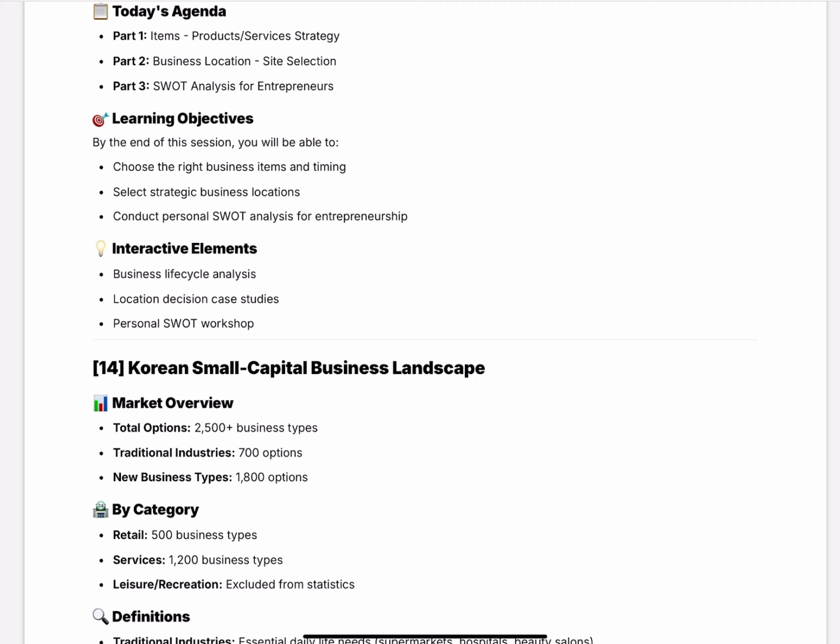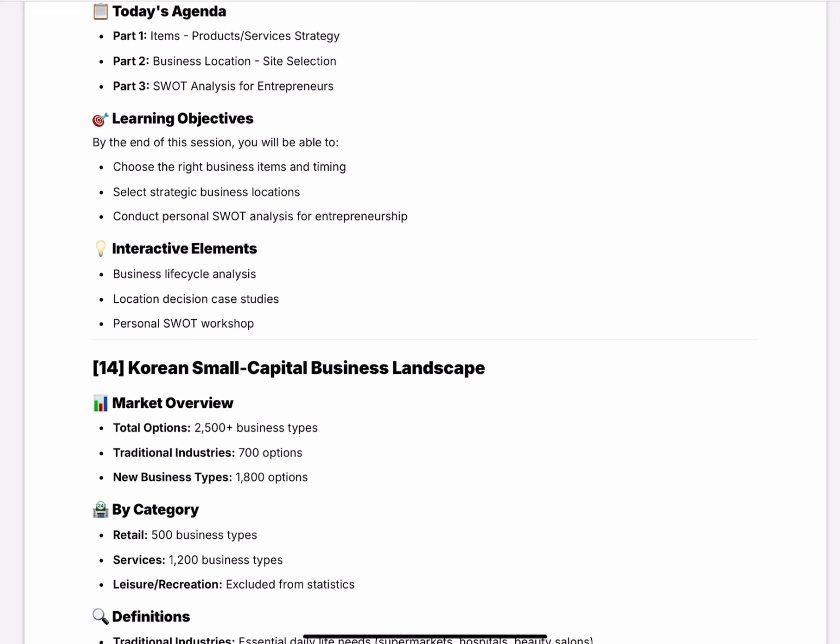SWOT analysis is quite a well-known strategic analysis, so we are going to look at it. In this second session, we are going to complete our understanding of the four elements of entrepreneurship by covering the remaining two.